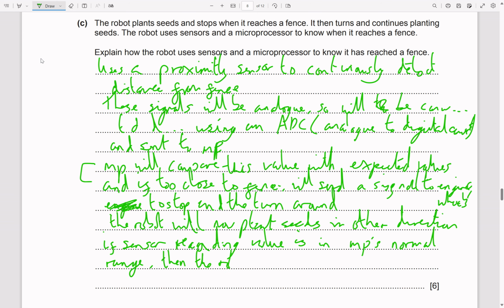Let's say the robot will continue moving in its current direction.